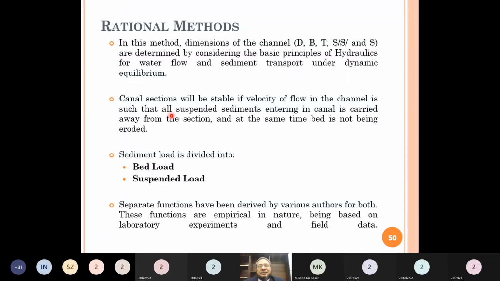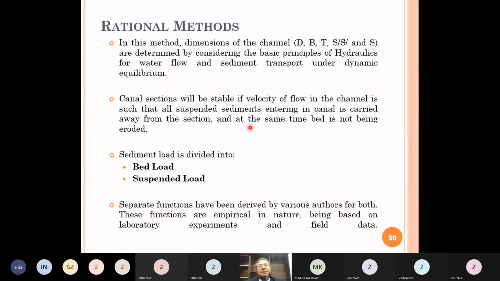So canal sections will be stable if the velocity of flow in the channel is such that all suspended sediment which are entered in the canal remain in suspension and pass away at that particular section.